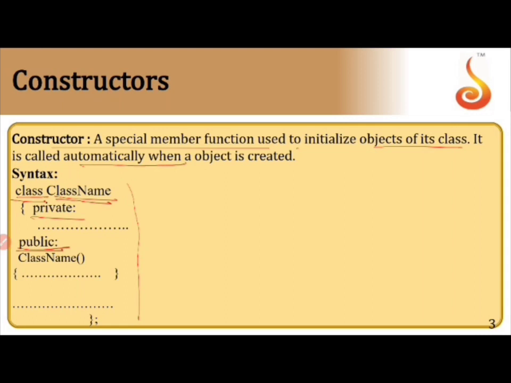Constructors are special functions which have to be written in the public section of the class, and they will have the same name as the class name. Okay, and then you write it. It can be written inside or outside a class, but it has to be declared in the public section of the class only.